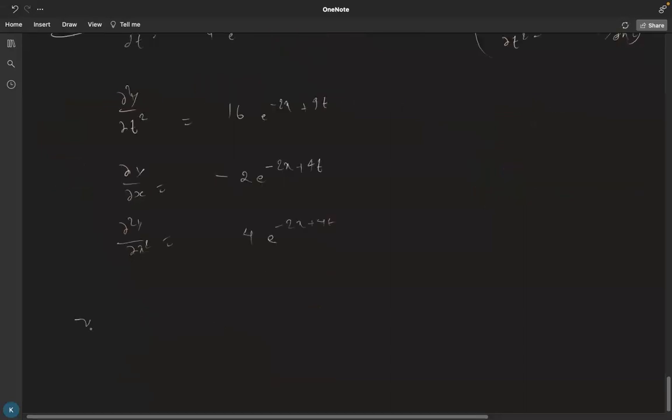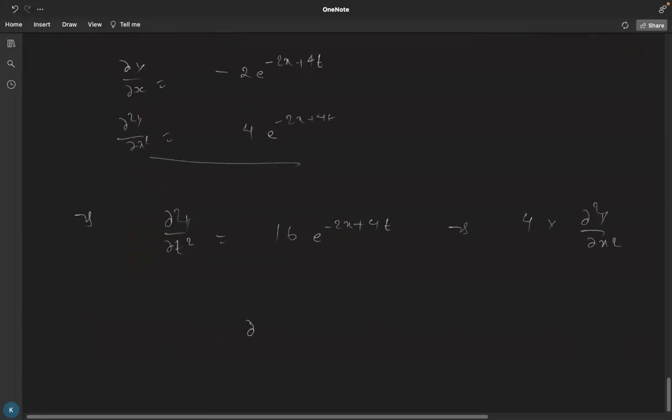Now let's check. ∂²y/∂t² equals 16e^(-2x+4t), and I can write it as 4 times ∂²y/∂x². So we have a relation here, ∂²y/∂t² = 4 ∂²y/∂x².